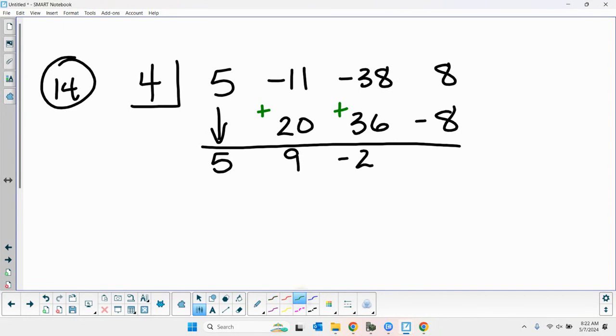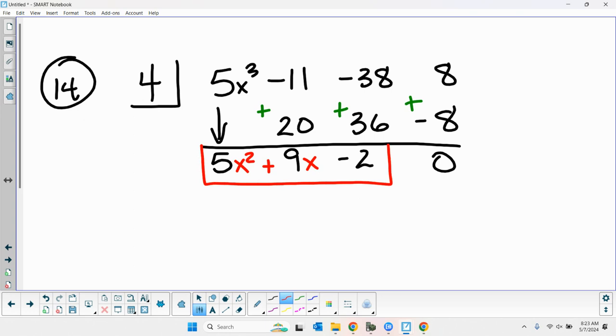Negative 8. When I add those, what do you get? 0. So there's no remainder. Now remember, this started out as 5x cubed, so this is going to be 5x squared plus 9x minus 2, which is letter B.